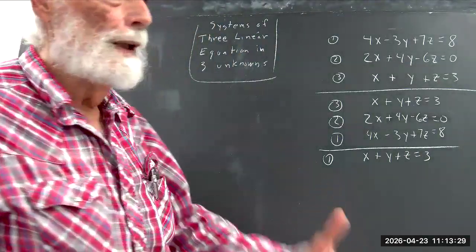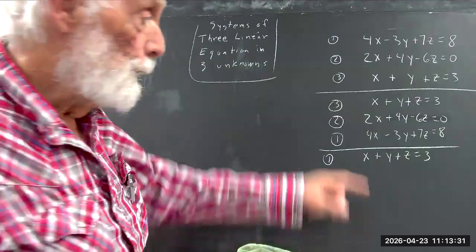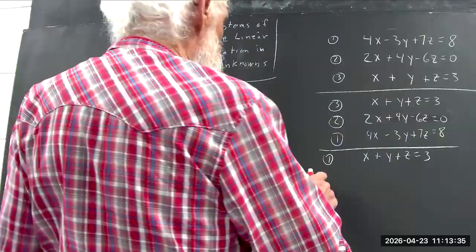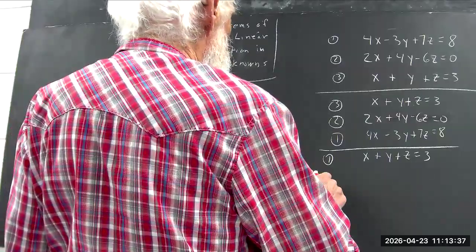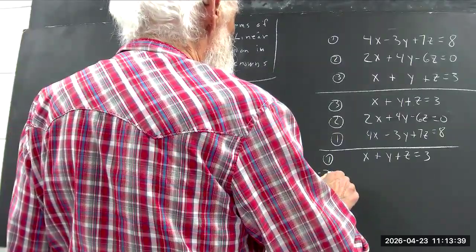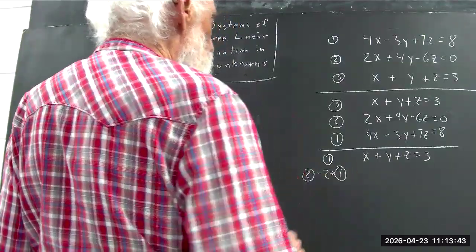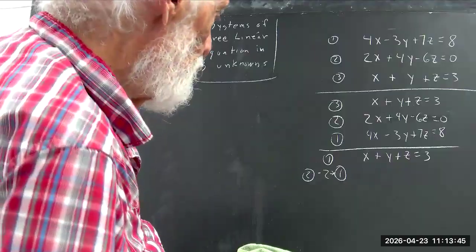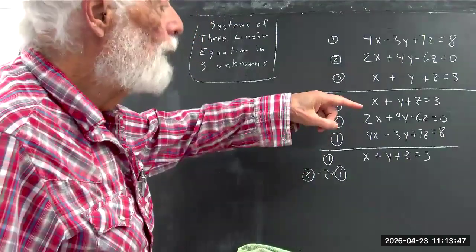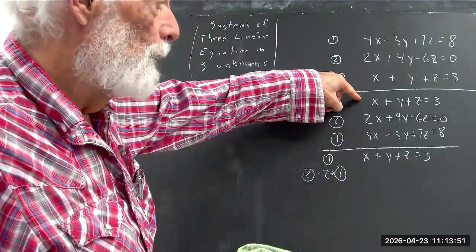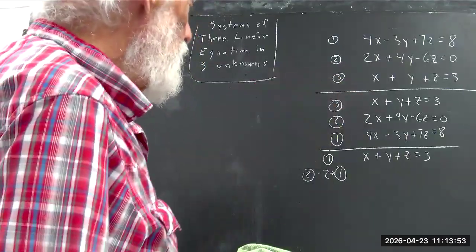Now I want to eliminate x from the other two equations. So what I do is equation 2 minus 2 times equation 1. That means equation 2 from the previous step minus 2 times equation 1 from the present step.